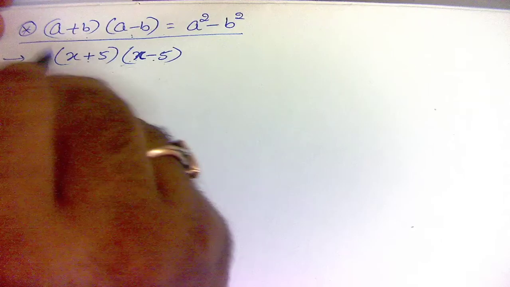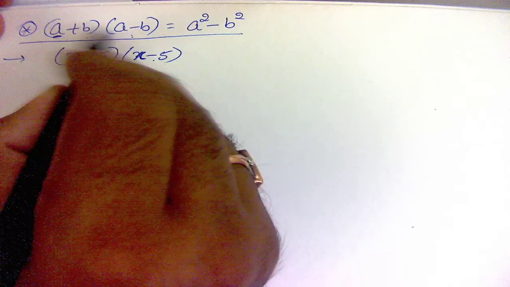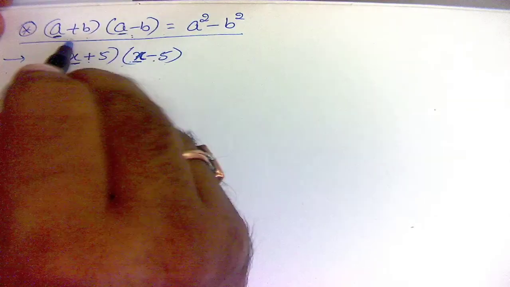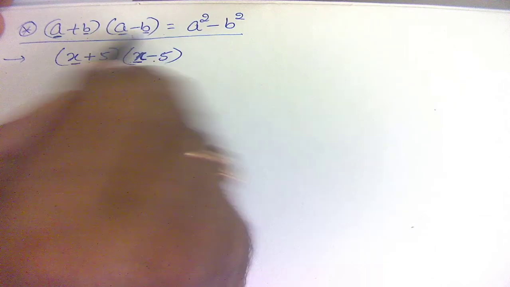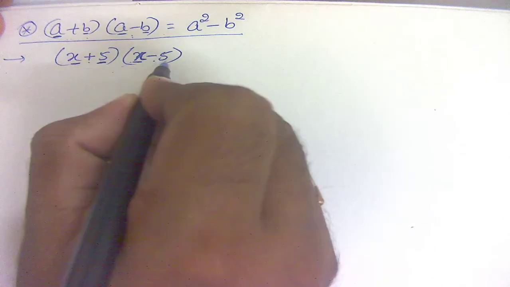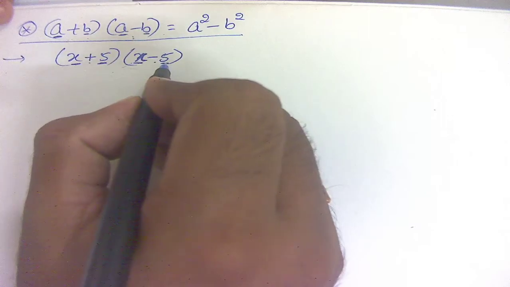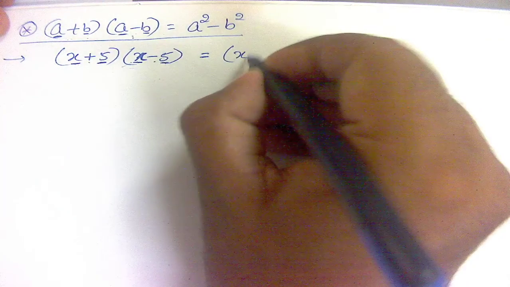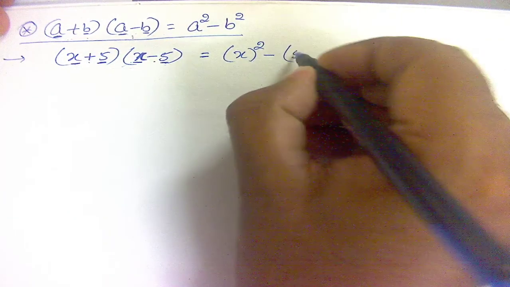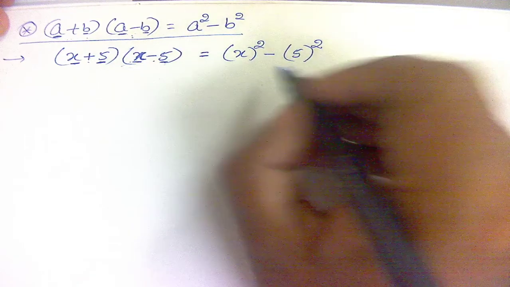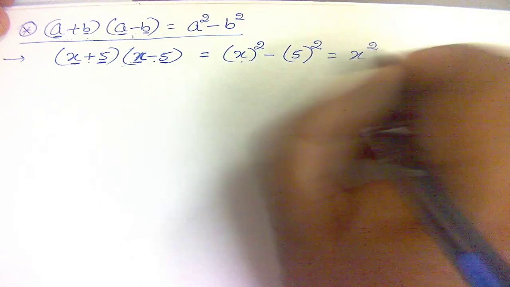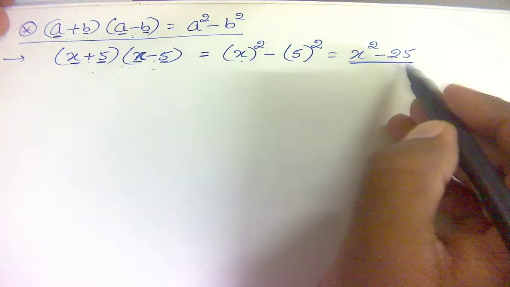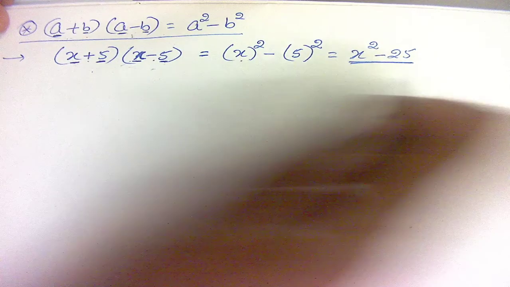In the identity, a is replaced with x in the question and b is replaced with 5 in the question. So this is equal to a squared minus b squared. So here it is the square of x minus the square of 5, and the square of x is x squared and the square of 5 is 25. So the product of these two is x squared minus 25.